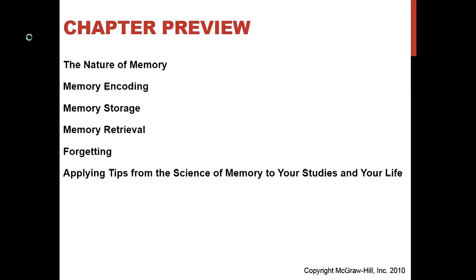This is a basic preview of what we're going to be covering in the chapter. First we're going to talk about what memory is and some of the basic components to it: with regards to encoding, what does that even mean, then storage and retrieval. With regards to storage, we're going to talk about long-term versus short-term, and then retrieval.